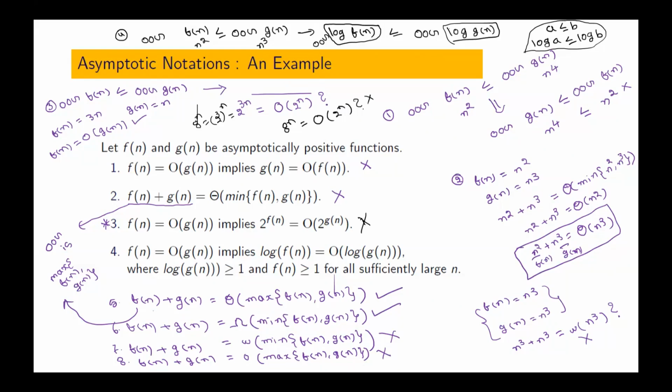This fourth one is not clear. Can you explain it a little bit? I'm not getting it. Okay, I'll take a new sheet.